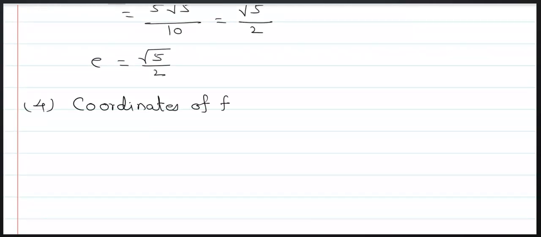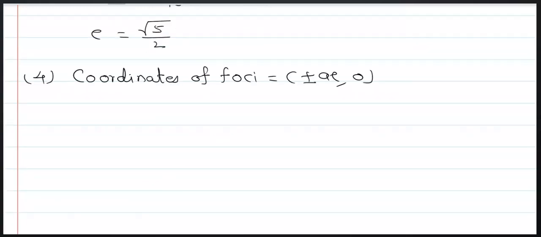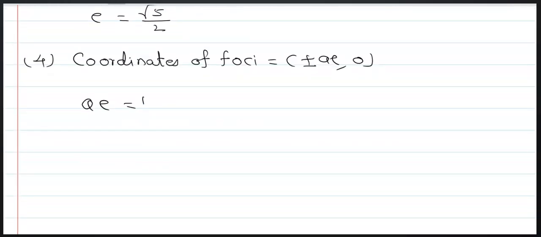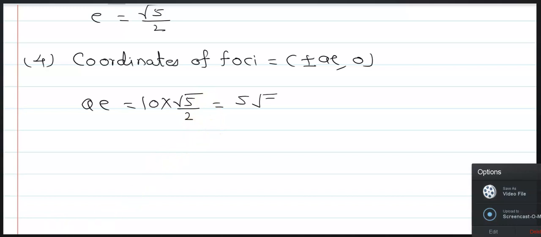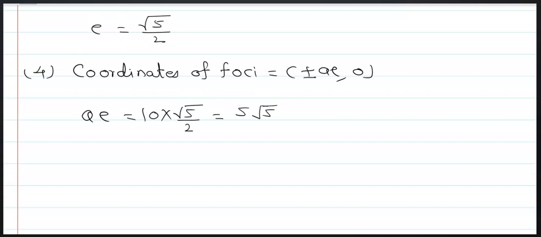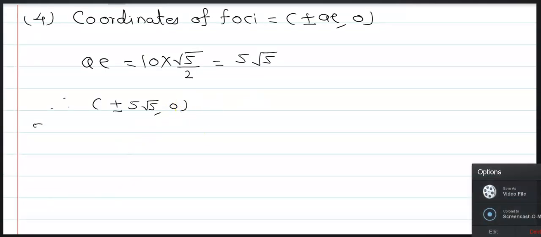Next is coordinates of foci, that is equal to plus or minus ae, 0, that is 10 root 5 upon 2, that is 5 root 5, that is plus or minus 5 root 5, 0.